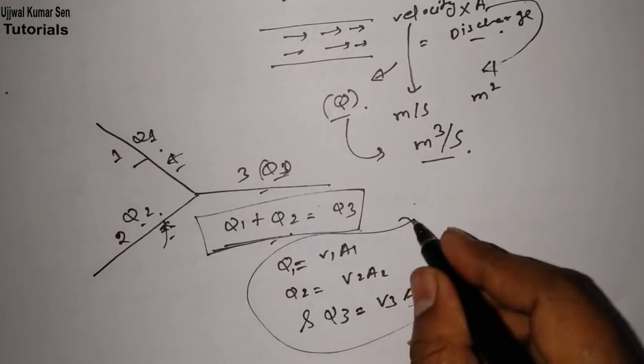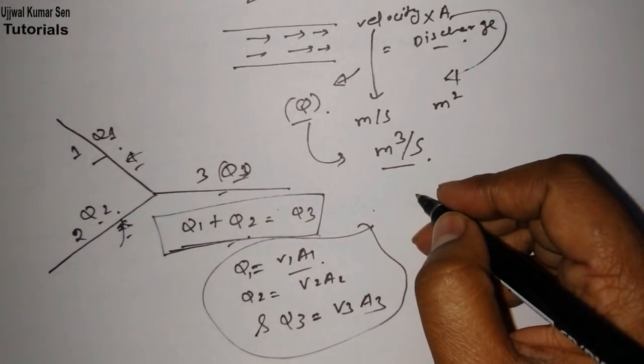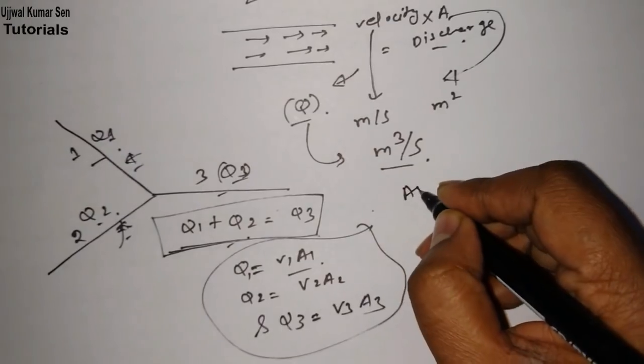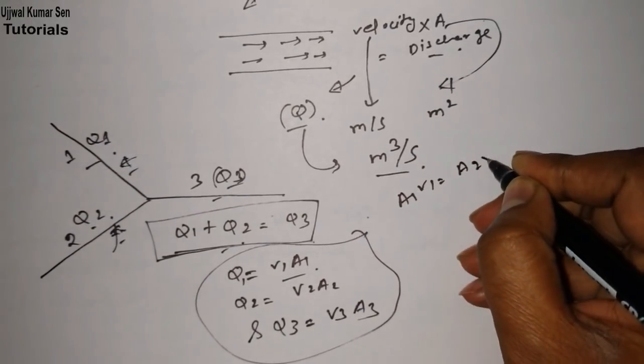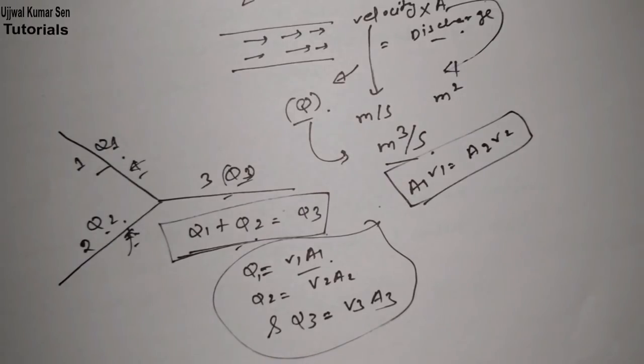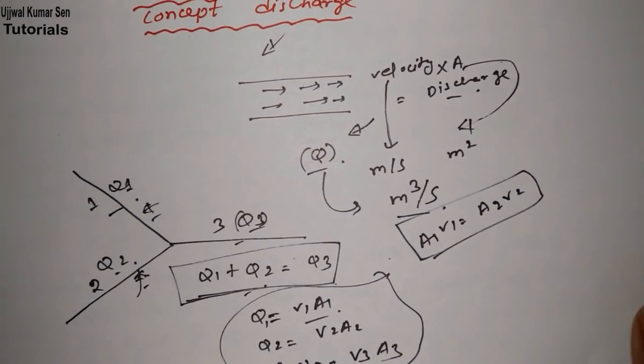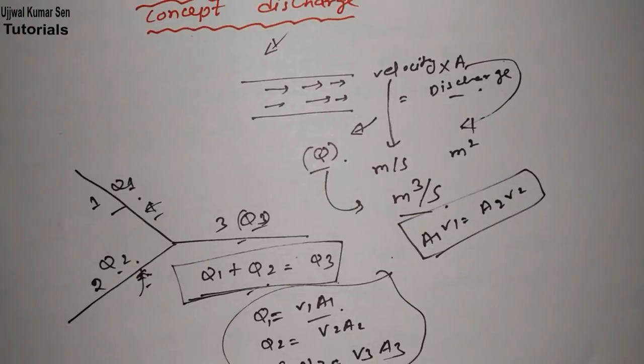This is a simple formula: Q is equal to VA. That's why, as maybe you have seen, A1 V1 is equal to A2 V2 in the continuity equation if the fluid is incompressible. If it is compressible, then rho 1 A1 V1 is equal to rho 2 A2 V2. You have probably gone through these formulas if you are preparing for an examination like GATE.